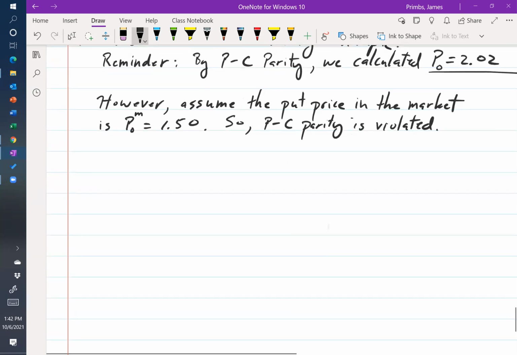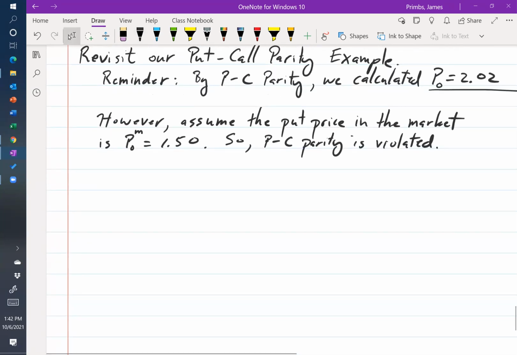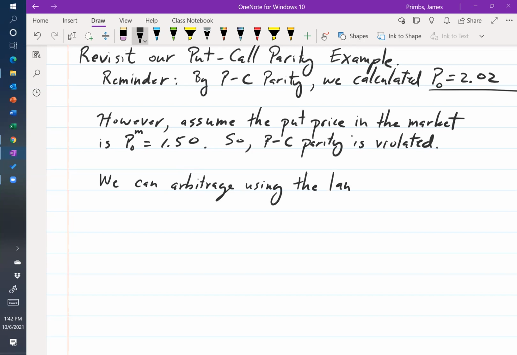Okay. So it's going to turn out if put call parity is violated, that means an arbitrage opportunity is available. So we can arbitrage using the law of one price.